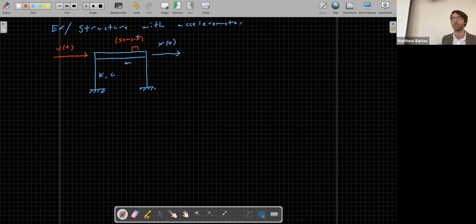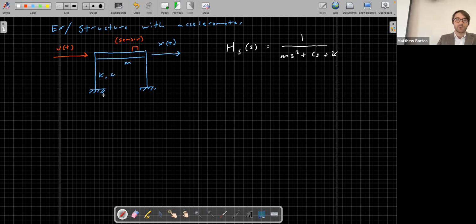Sometimes you'll have inertial measurement units, for instance, that can measure the acceleration of a structure or any object that you're trying to measure. It's often easier to measure acceleration than to measure displacement directly. So we know that the transfer function of the structure itself is equal to 1 over ms squared plus cs plus k, right?